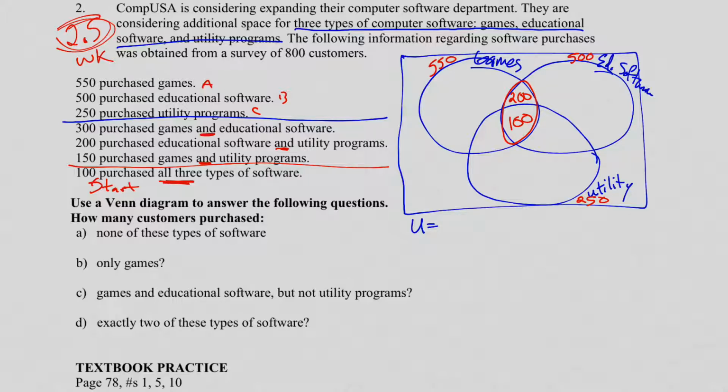All right. Next, we go to the right petal, which is educational software and utility, and the total is 200. If you already have 100 in the center, to get the 200 for this petal right here, you just need another 100. Then the last one is this petal right here.